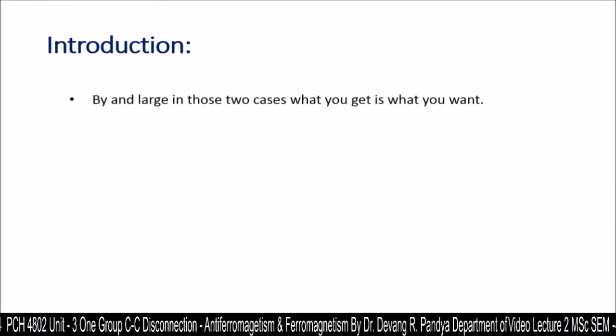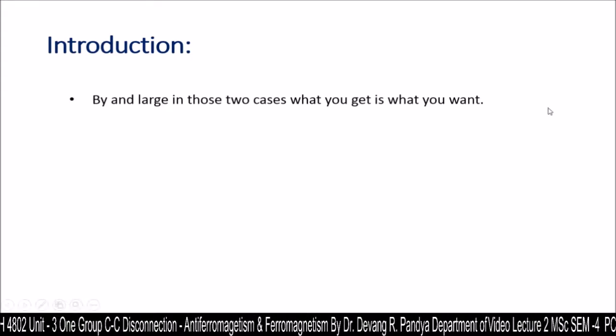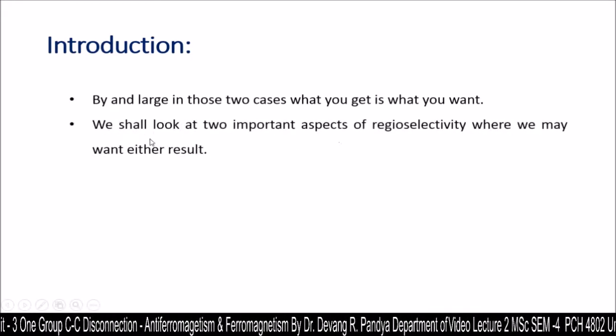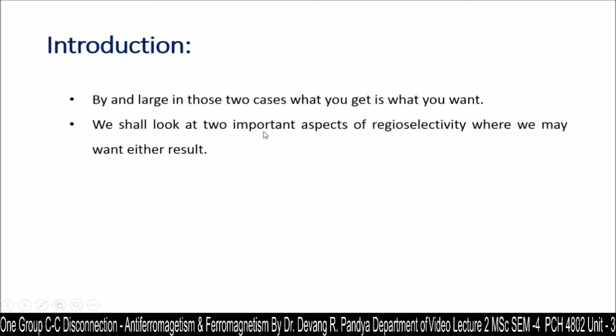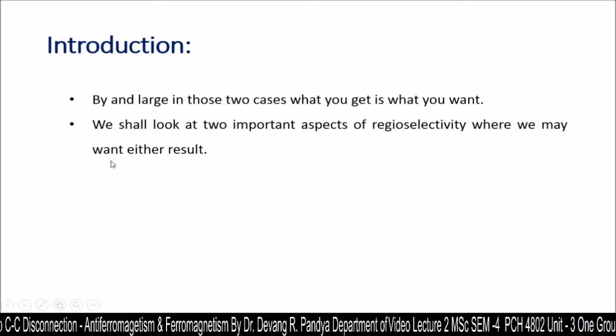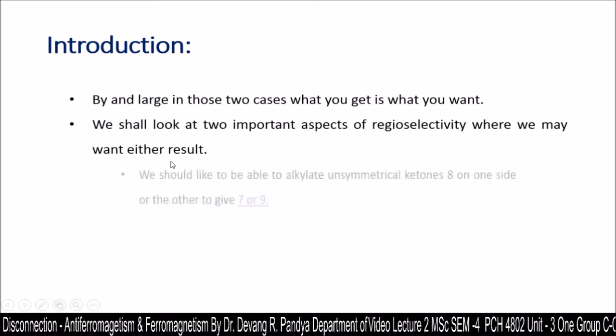So to learn more, by and large in those two cases, what you get is what you want. We shall look at two important aspects of regioselectivity where we may want either result.